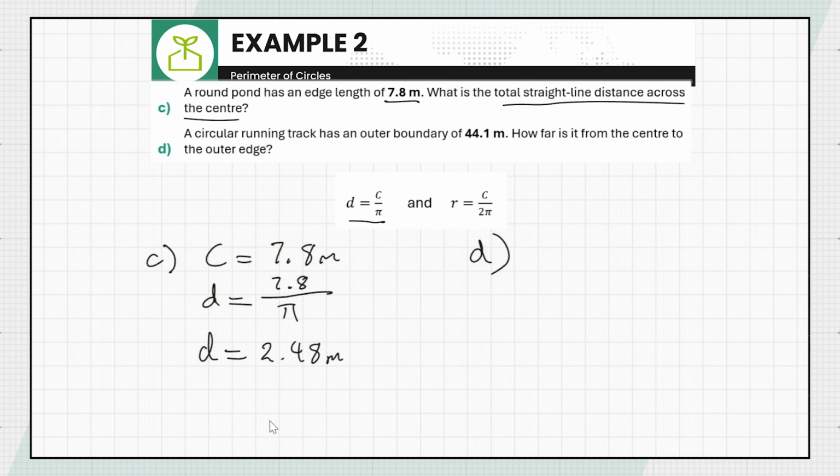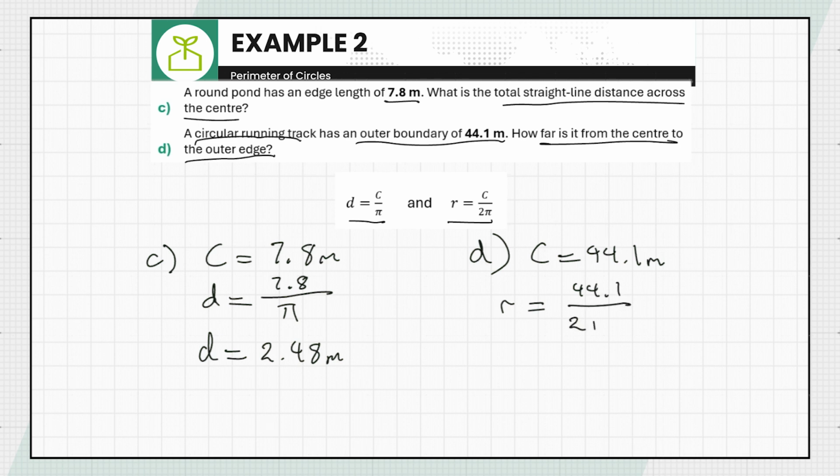Let's look at D. We have a circular running track. It has an outer boundary of 44.1 meters, so its circumference is equal to 44.1 meters. And how far is it from the center to the outer edge means we want the radius, so our radius is going to be equal to 44.1 divided by 2 pi, or 2 times pi.